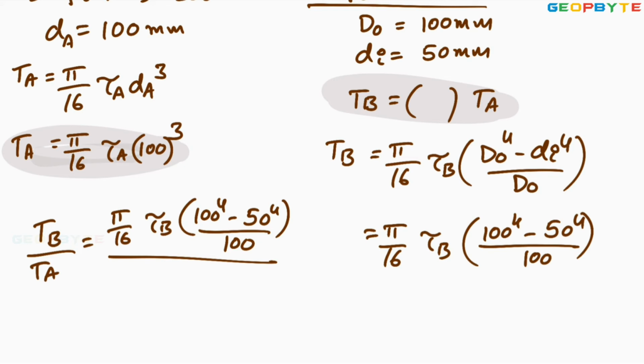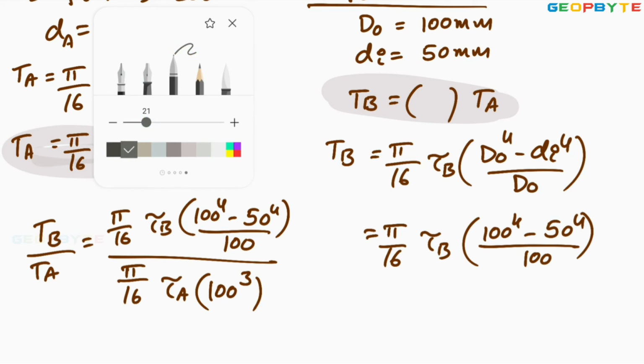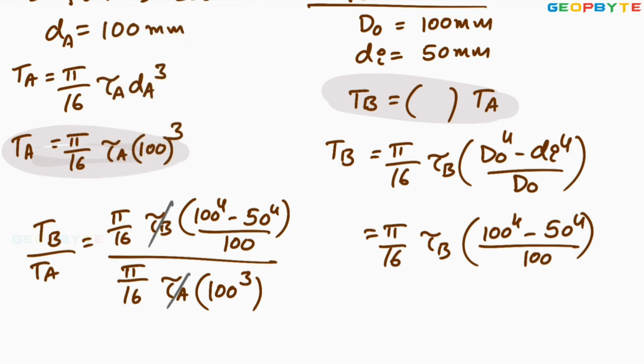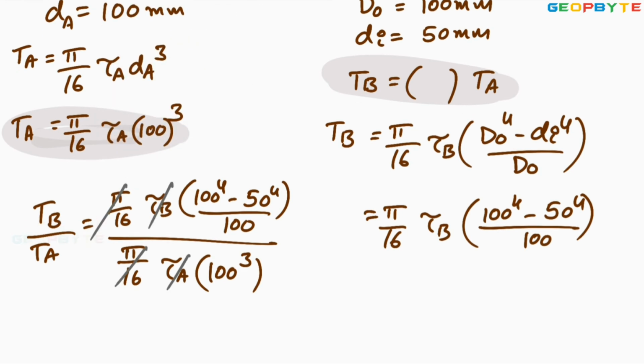So this part is pi by 16 into tau A into 100 cube. Since both are made of same material, the tau A and tau B may be equal. These two are cancelled.